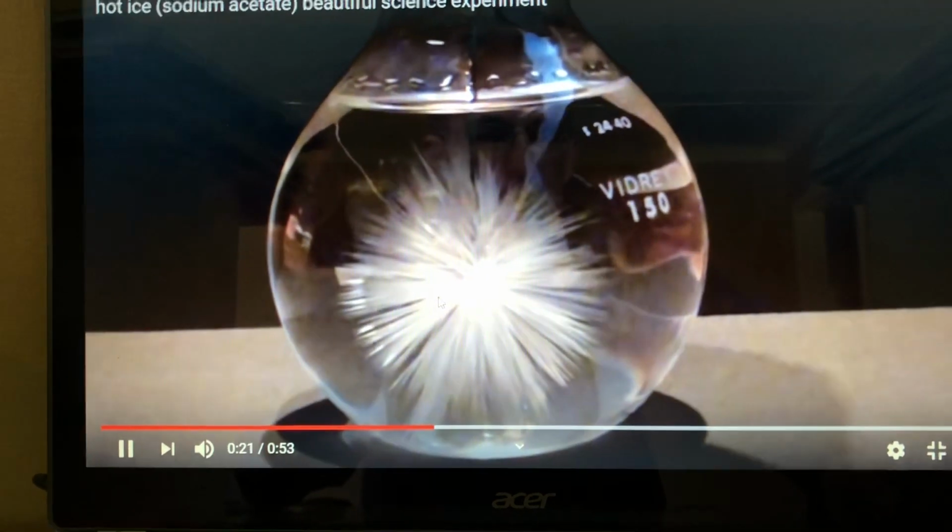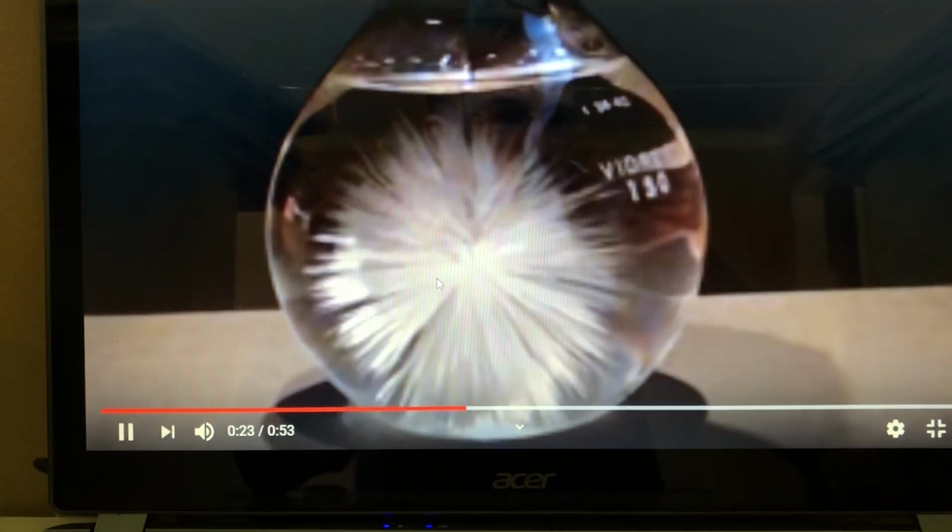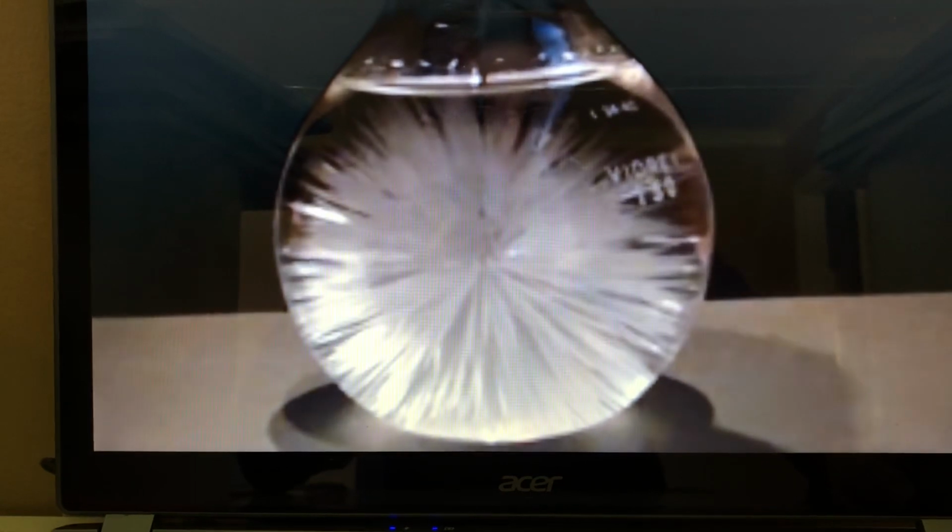All of a sudden, the extra solute particles that shouldn't be dissolved are recrystallizing. So we're seeing recrystallizing happening faster than dissolving. This isn't ice, it's actual crystals of sodium acetate growing in the solution.